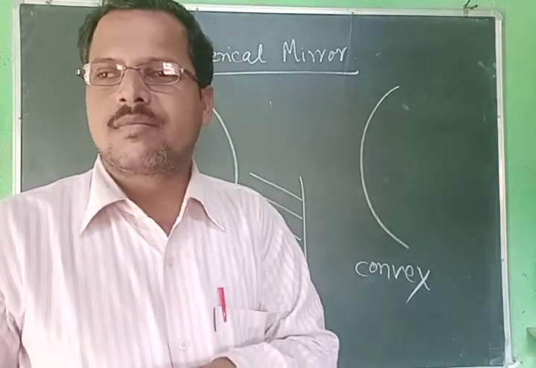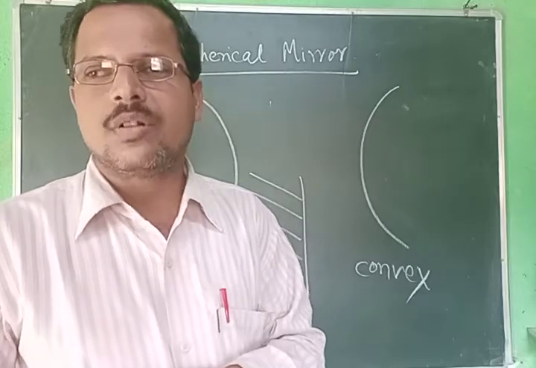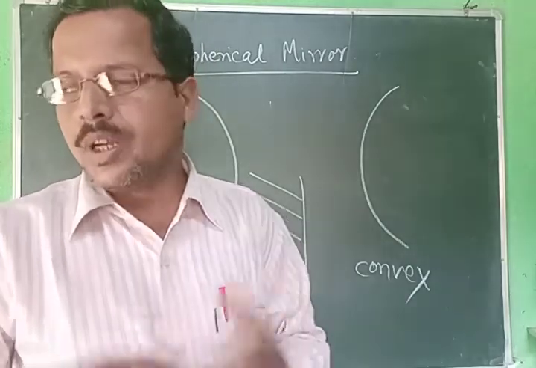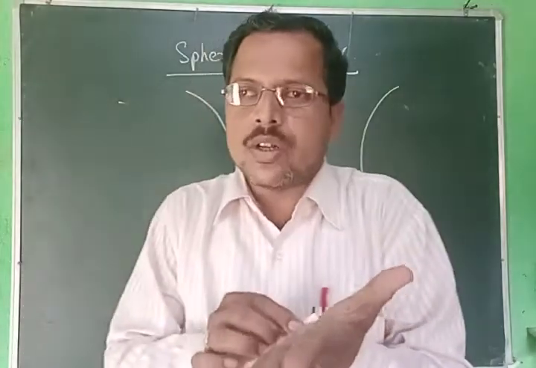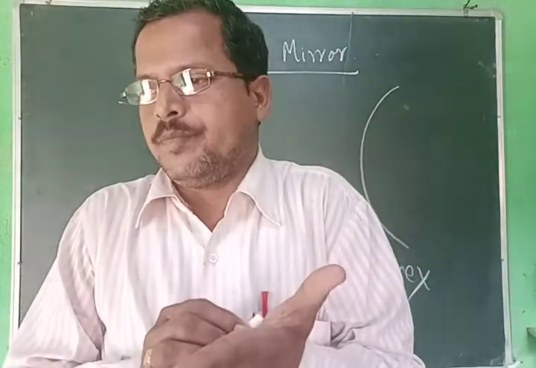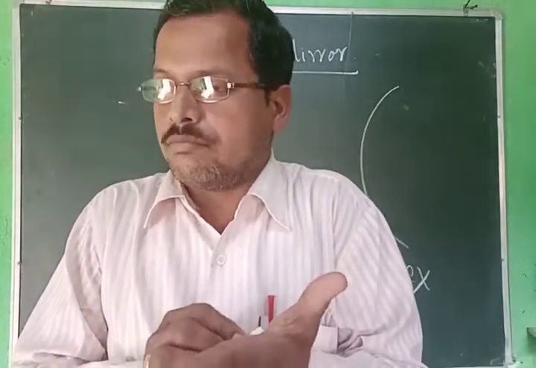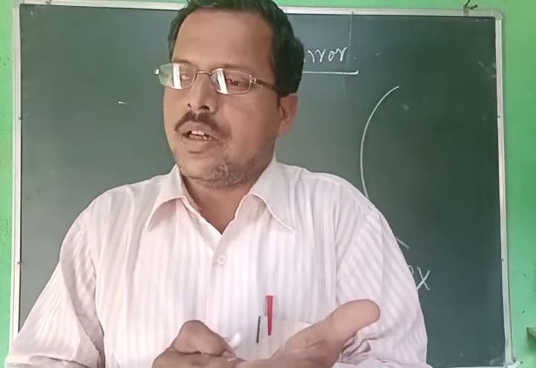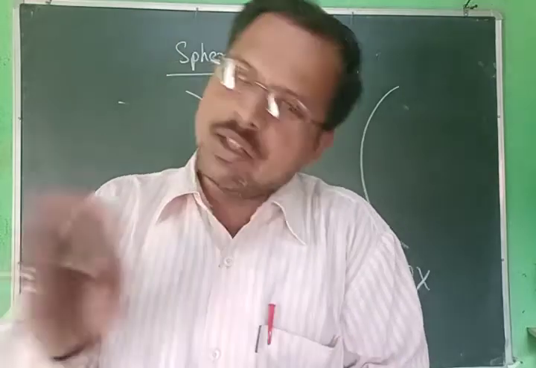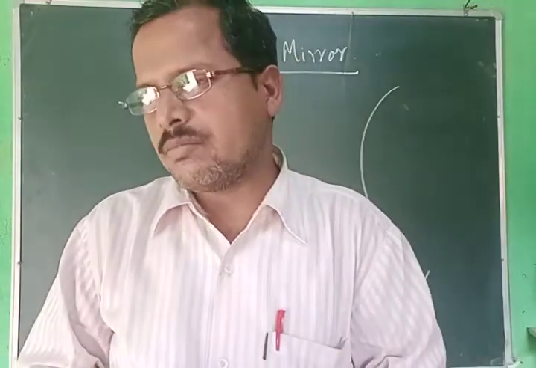But what happens when such rays fall on a spherical mirror? Spherical means curved surface. The reflecting part is not plane, that is curved. How is it curved? Either inward or outward.